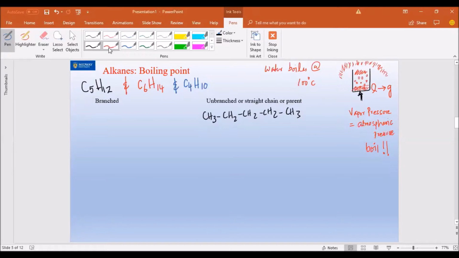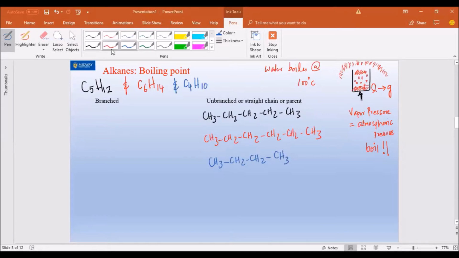There's a whole bunch of ways it's called. I'm going to similarly write an unbranched or parent chain for C6H14. And similarly, I'm going to draw one more straight chain structure for C4H10. You see the colors match. This way I can make my point more clear.